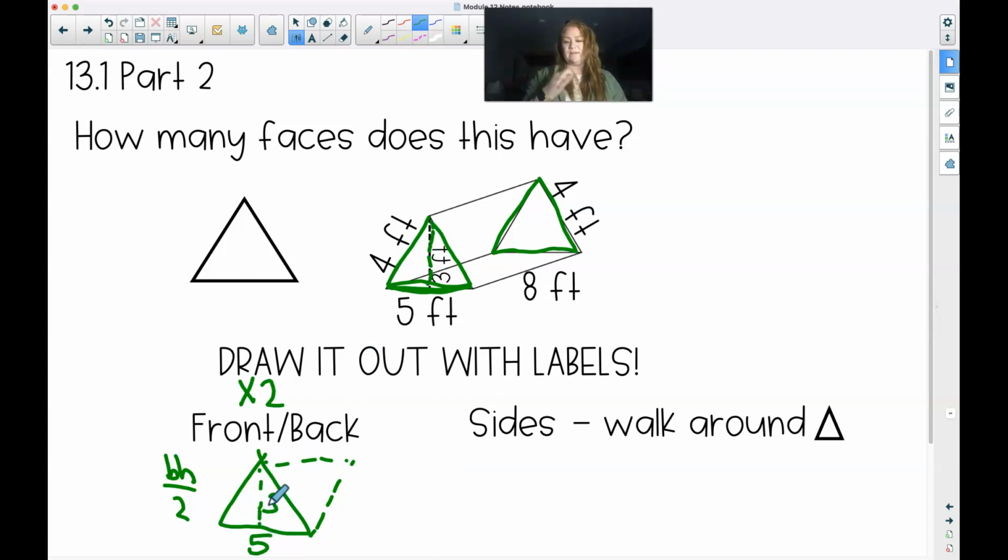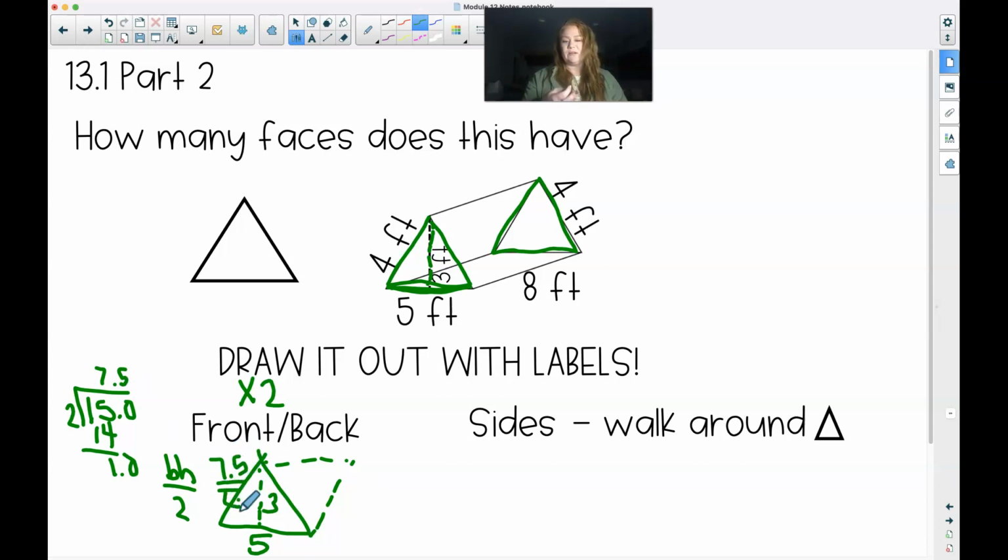So we've got 5 times 3 is 15, and then I have to cut that triangle in half. It goes in there 7 times, which is 14, 1 left over, so I'm going to add a decimal, and that goes in there 5 times. So this one triangle is 7.5.